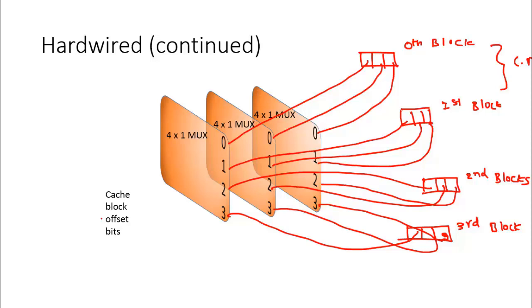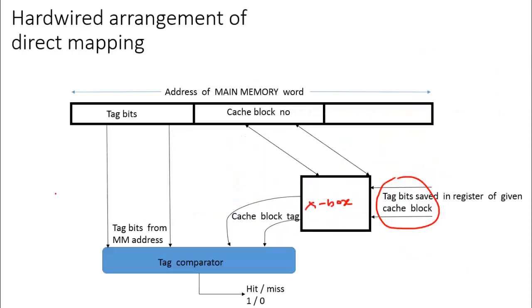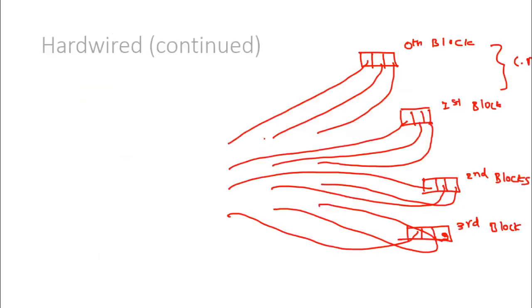And the cache block offset. Which cache block offset is this? This is the cache block offset that in the previous diagram you can see here, that we are taking from the address as an input of the Xbox.